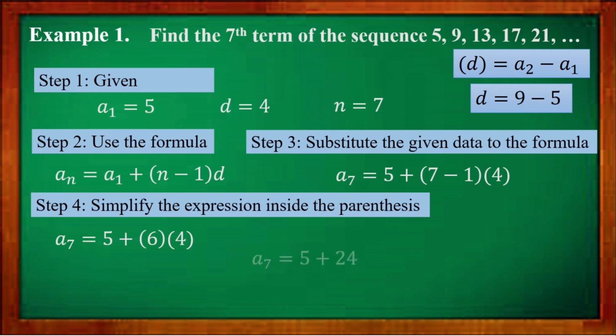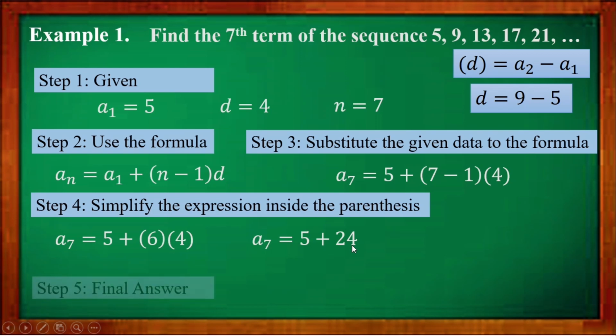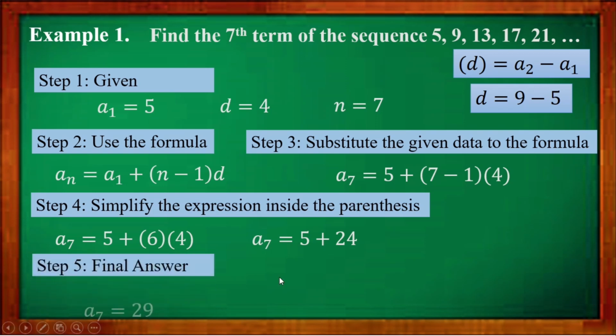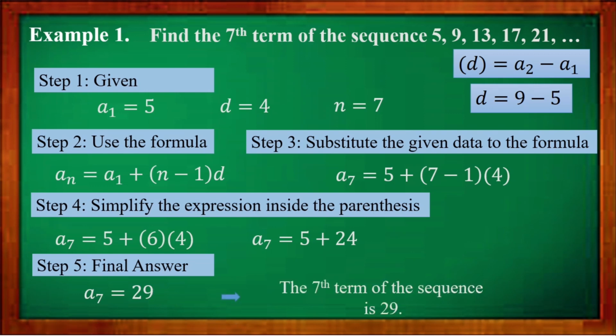After that, we can now multiply these numbers. So 6 times 4 is just 24. And our final answer will be 29, since 5 plus 24 is just 29. And from this result, we can say that the 7th term of the sequence is 29.